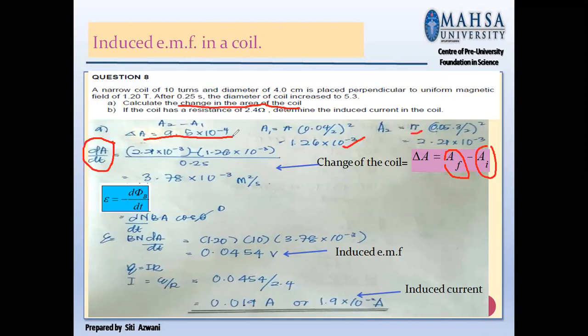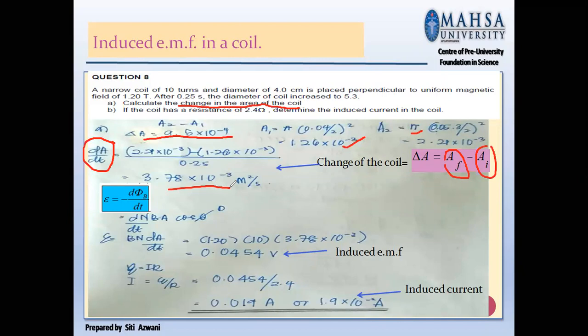And then you have a time. 0.25 divided by the time, you get the rate of change of the area, which is equal to 3.78 times 10 power negative 3 meter square per second.